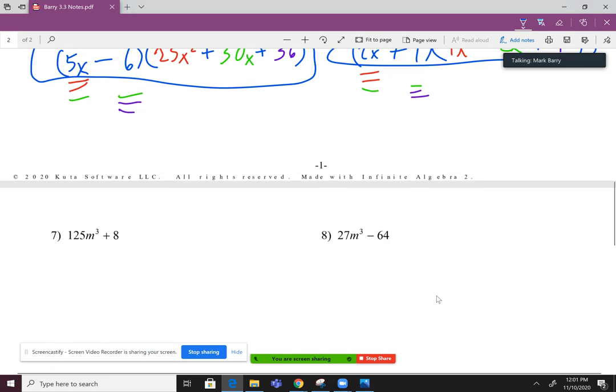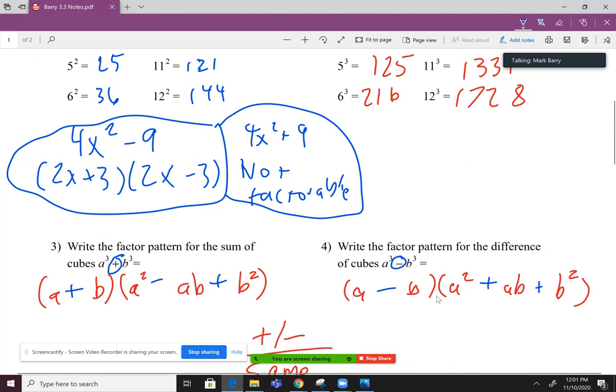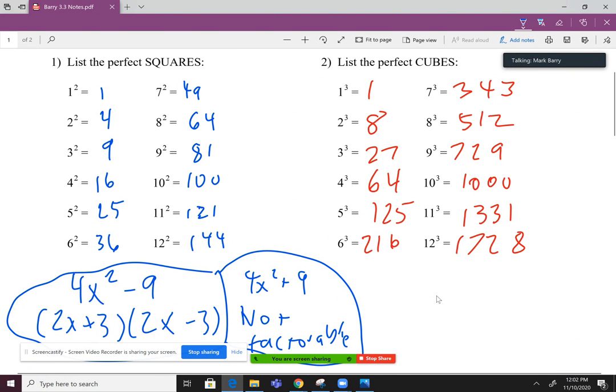All right, one more minute to work on 7 and 8, and then we'll go over it. Try it out on your own, though. I will go over it, but you'll get a lot of satisfaction if you do it right on your own. You'll be like, yes, I did it.